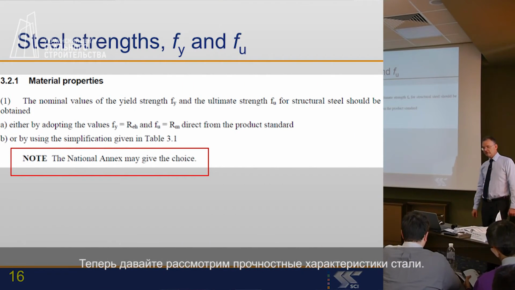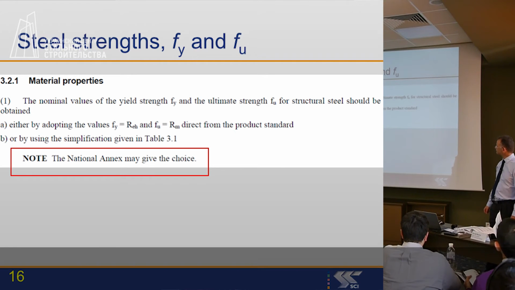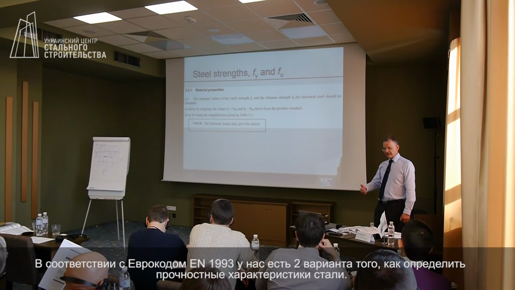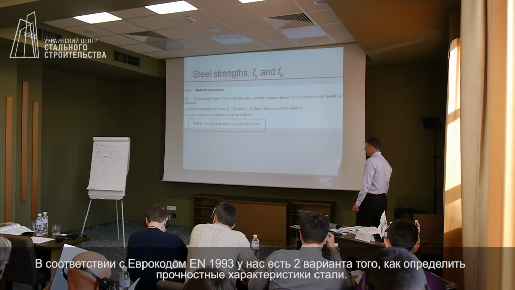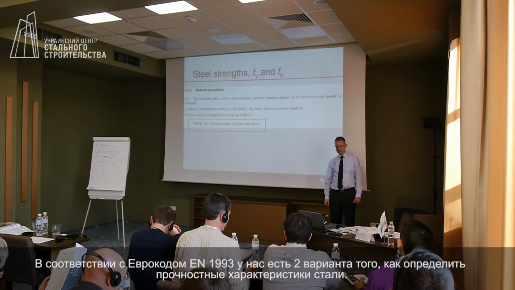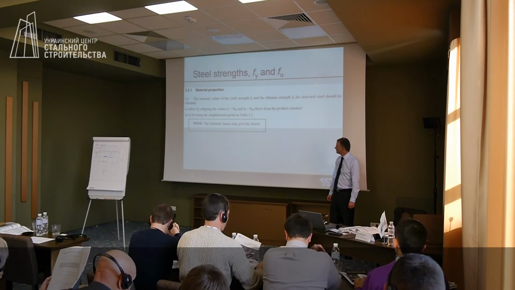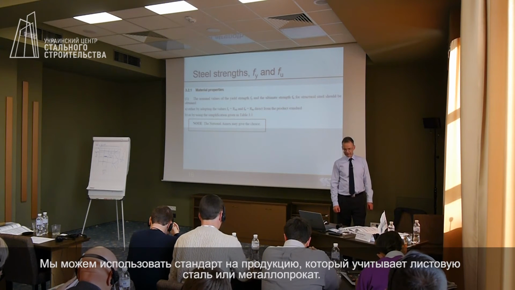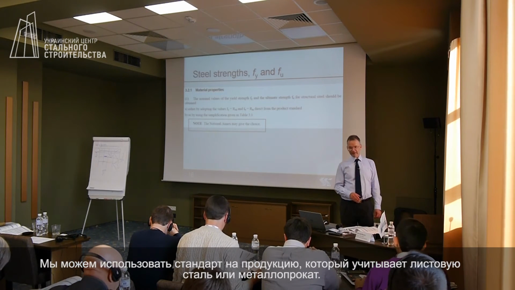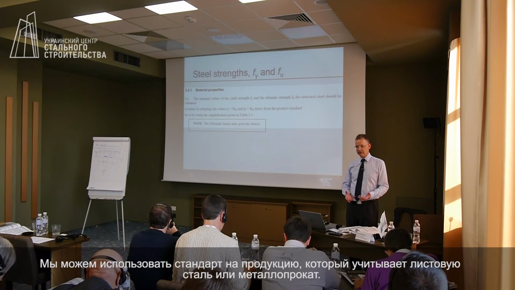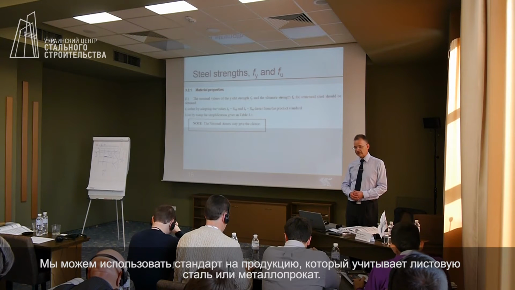So first of all, steel strength. Within EN 1993, we have two options when we consider strength. The two options are that we can use the product standard, so that would be the standard that covers plate, or the standard that covers rolled sections.